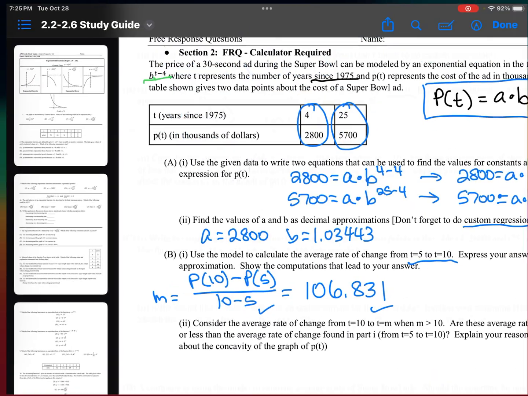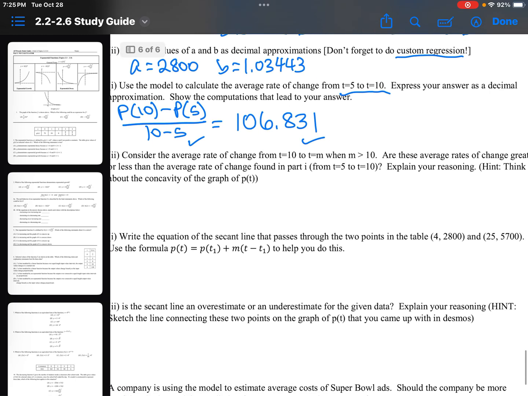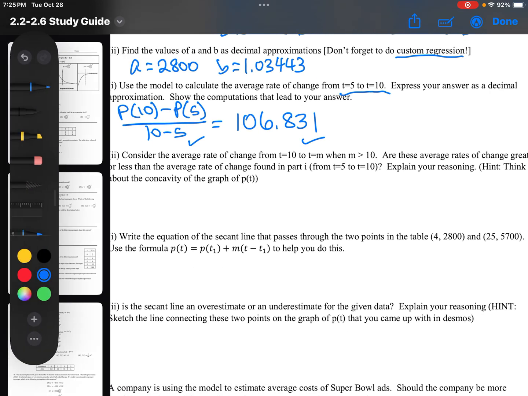So I'm just going to roughly sketch this on my sheet here. I've got my X and Y axis, and it's roughly looking like this. Here's where t equals 5, here's where t equals 10, and m is some value bigger than 10.